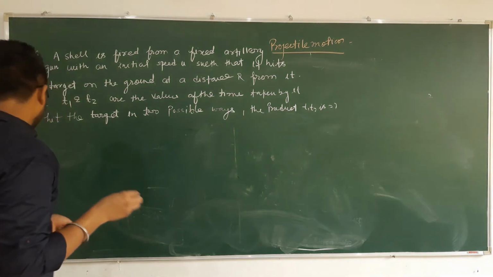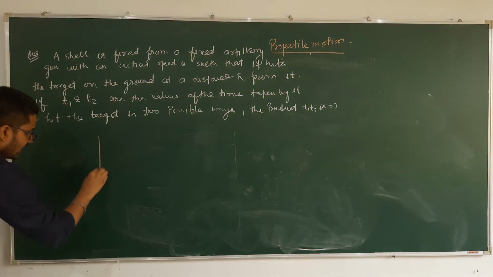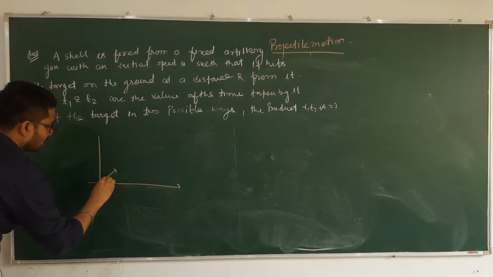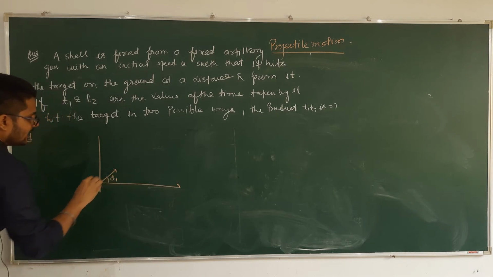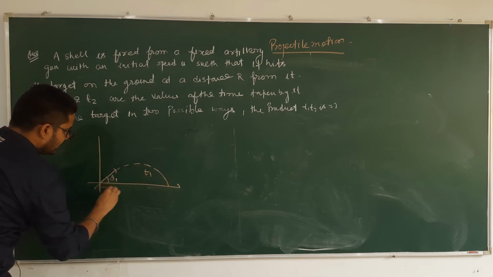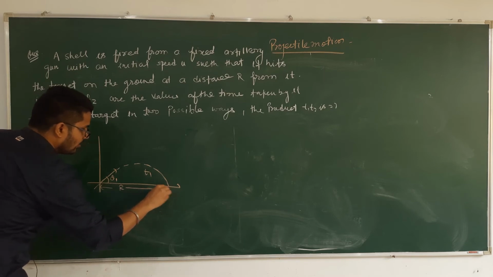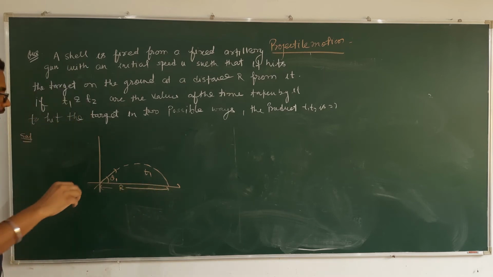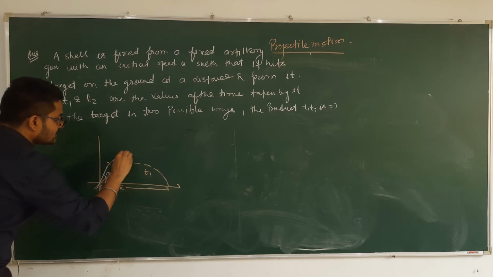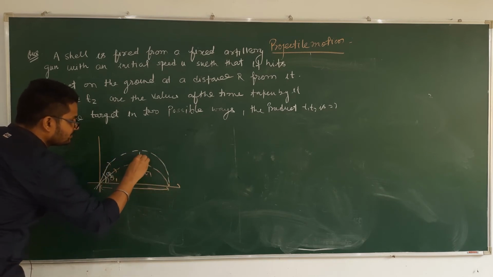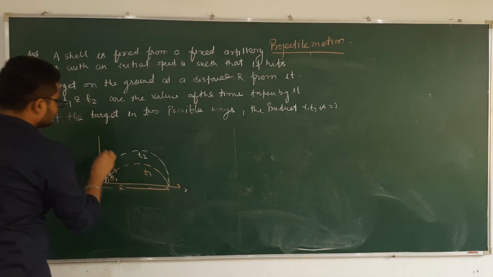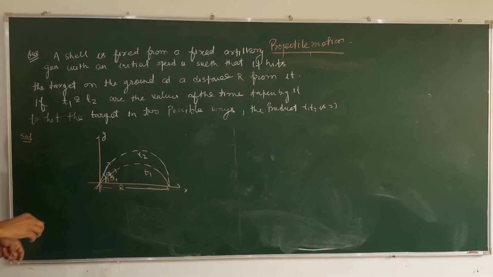So the thing is that if we throw at an angle theta 1, it will take time t1 and range r. Okay, and another particle we will throw at angle theta 2, it will take the same range at a different time t2. This is the x-axis, this is the y-axis.